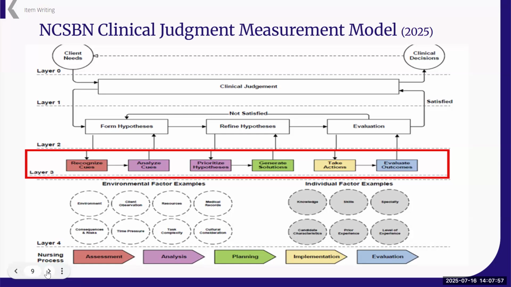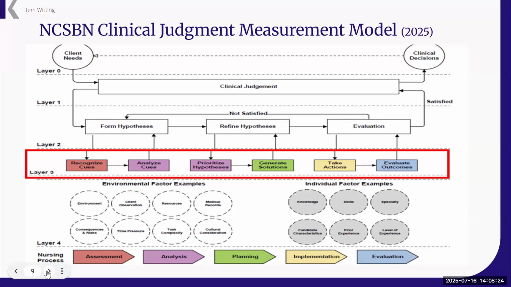Now let's zoom in on layer 3 of the model. This is where the real decision-making happens. Level 3 represents the observable, measurable steps that a nurse takes when using clinical judgment in practice. It includes 6 steps: recognize cues, analyze cues, prioritize hypotheses, generate solutions, take actions, and evaluate outcomes.